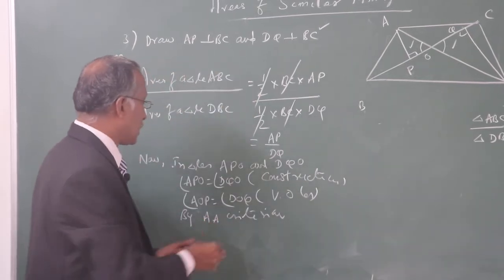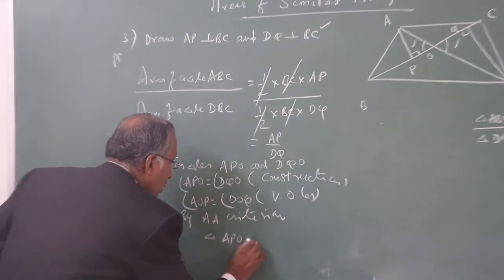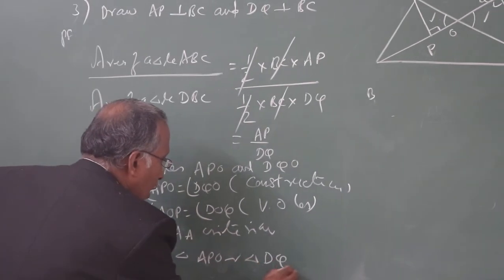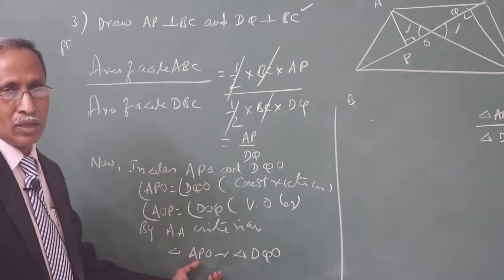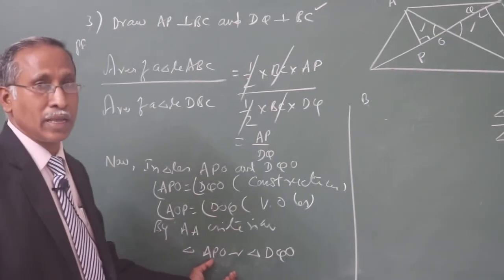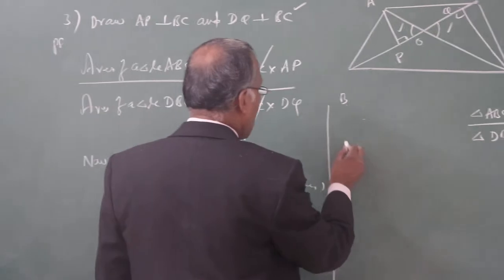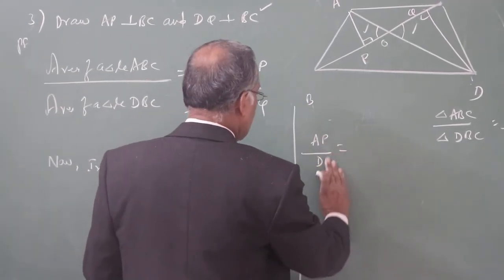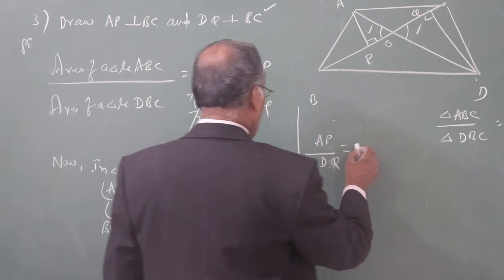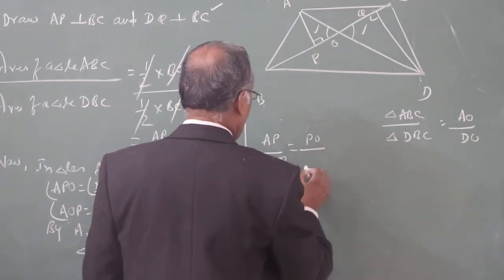So by AA criterion, triangle APO is similar to triangle DQO. When two triangles are similar, the corresponding sides are in proportion. That proportion here: AP by DQ equals PO by QO.